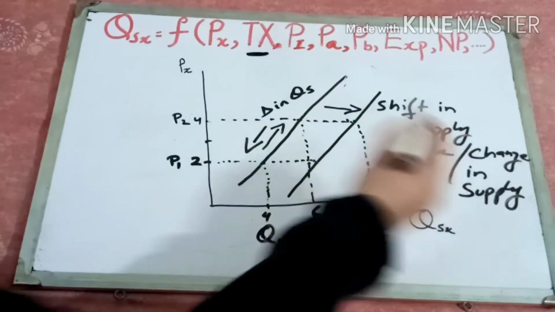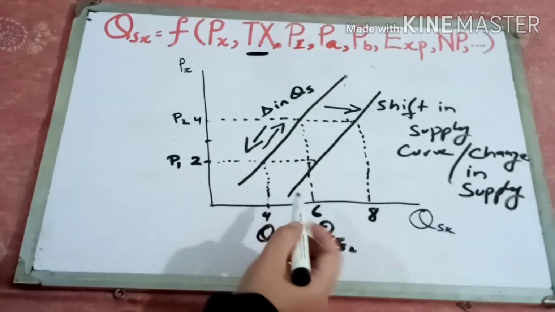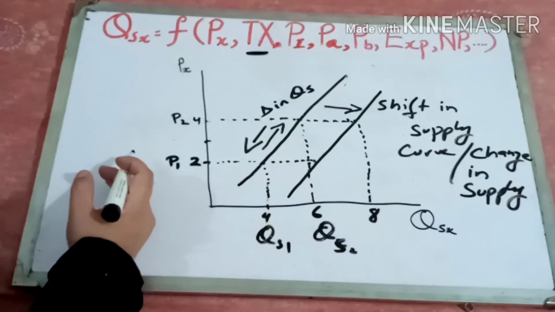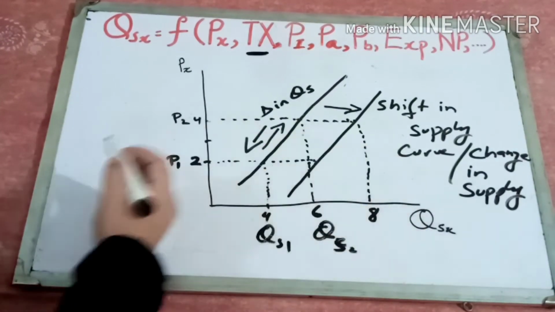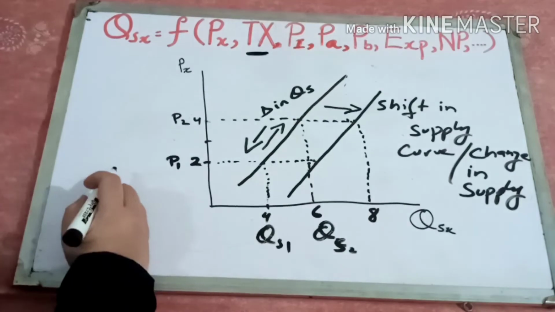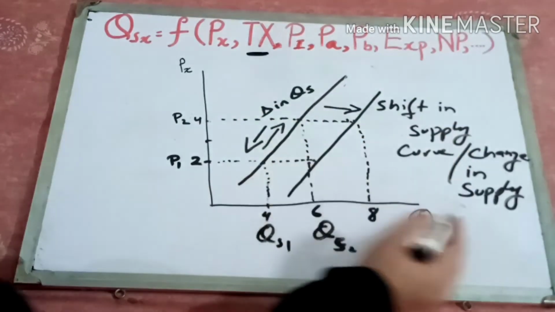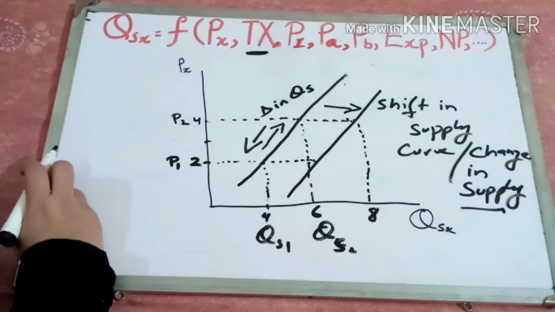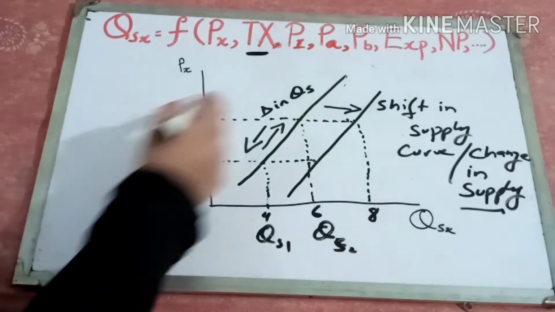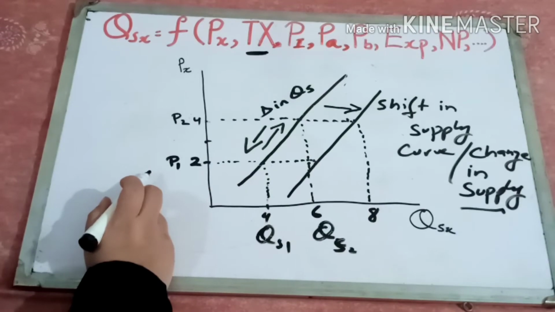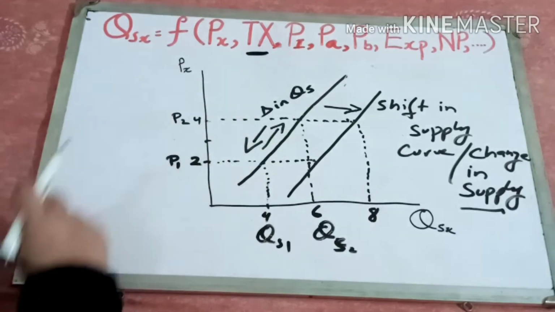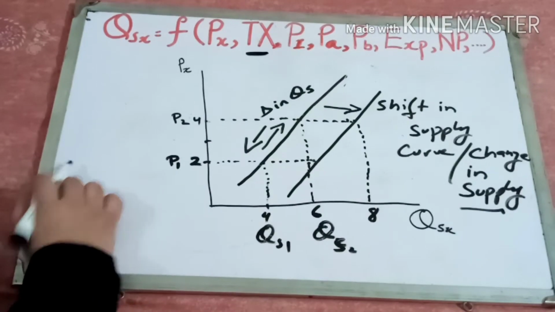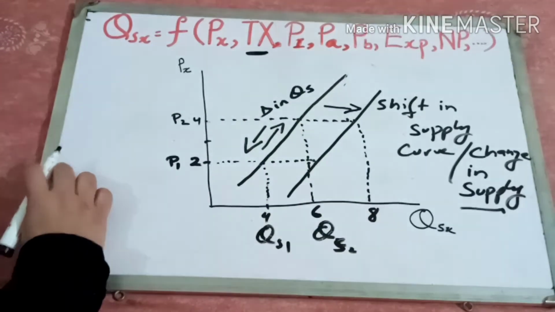Whenever it is an outward shift in the supply curve, it means that they want to supply or produce more, and when there is an inward shift, that means that they want to supply less of the product, and that shift in the supply curve is called change in supply, not change in the quantity supplied. So movement along the curve is the change in quantity supplied, and shift in the supply curve is the change in supply. So the entire supply curve is now being moved outside.